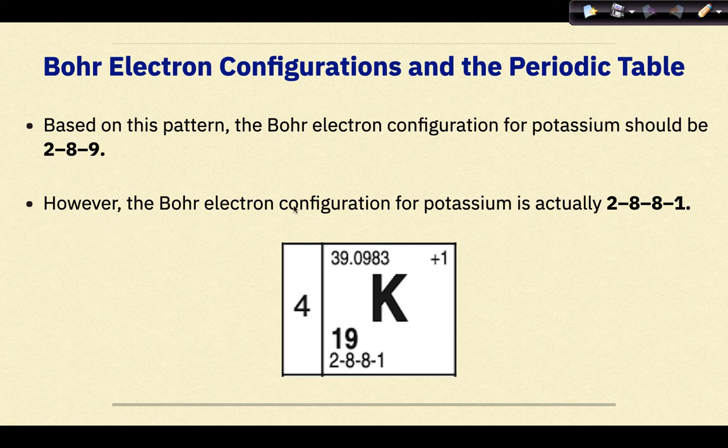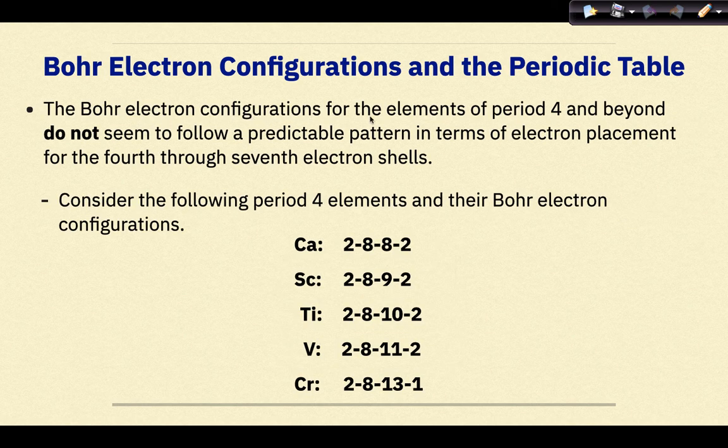However, the Bohr electron configuration for potassium is actually 2, 8, 8, 1, and this is even seen on your New York State periodic table. The Bohr electron configurations for the elements of period 4 and beyond do not seem to follow a predictable pattern in terms of electron placement for the 4th through 7th electron shells based on what you have learned previously in this class.